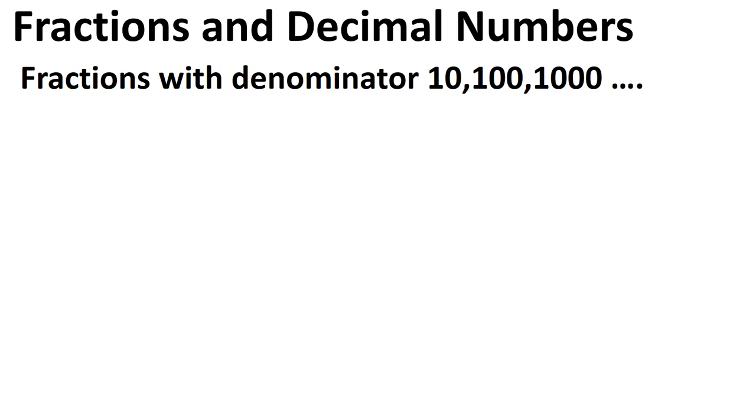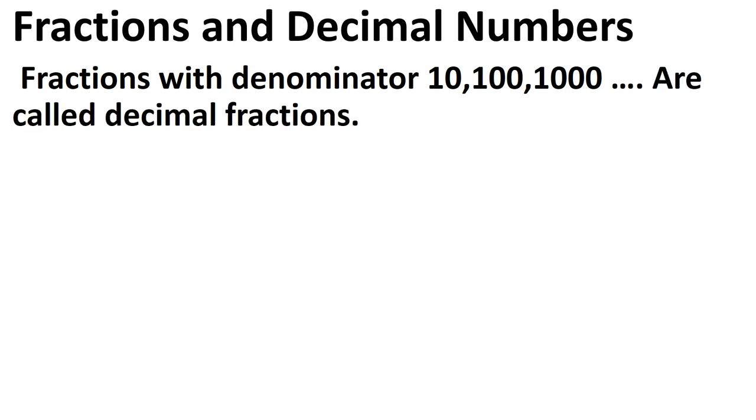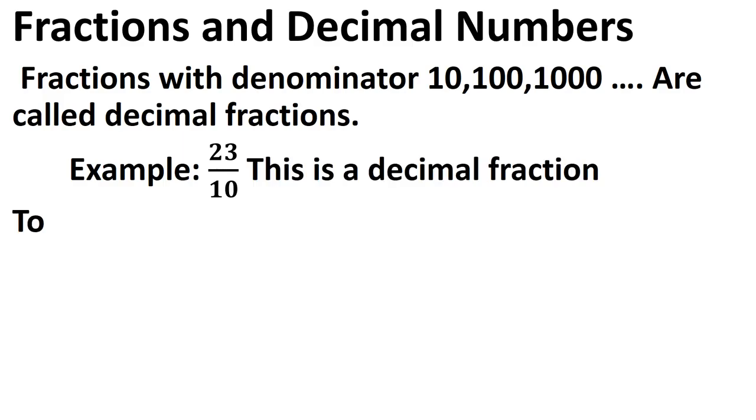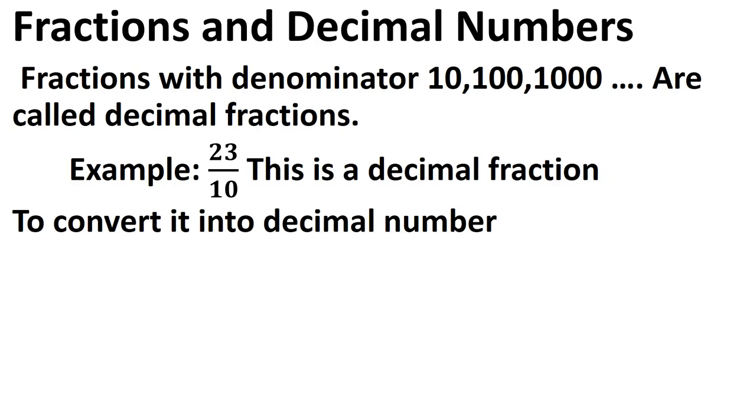What are fraction numbers and what are decimal numbers? Fractions with denominator 10, 100, 1000 are called decimal fractions. If we have fractions whose denominator is either 10, 100 or 1000, then those fractions are known as decimal fractions. For example, 23 upon 10. This is a decimal fraction.